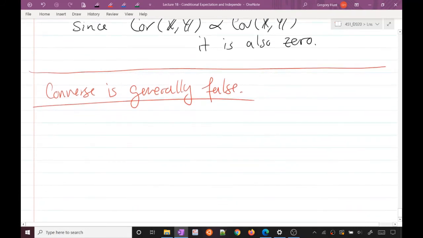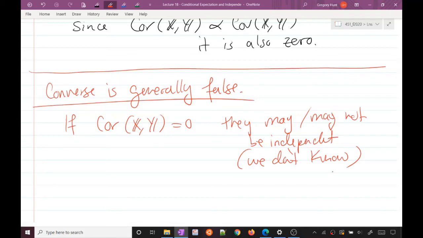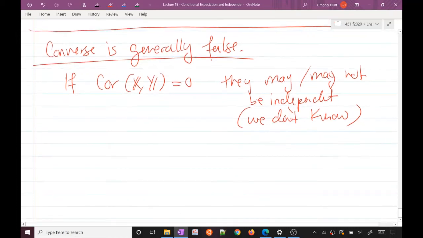So if the correlation between two random variables is 0, they may or may not be independent. We don't know. It's possible. So if they're independent, the correlation is definitely 0. If the correlation is 0, all we know is that they're not linearly related. We don't know that there's not some more complicated relationship between them.